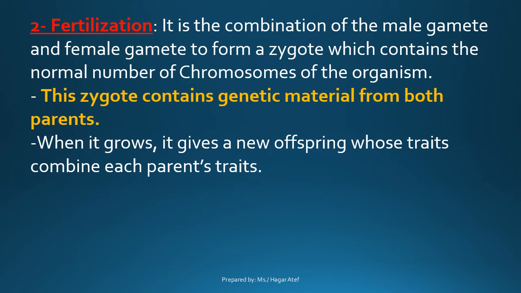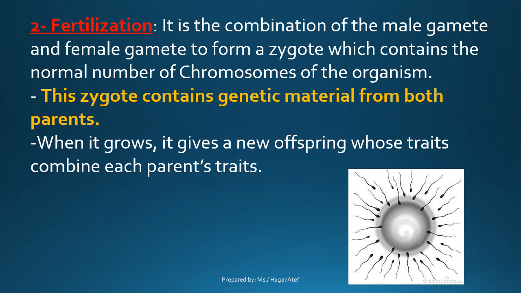Number 2, fertilization. It is a combination of the male gamete and female gamete to form a zygote, which contains the normal number of chromosomes of the organism. This zygote contains genetic material from both parents.